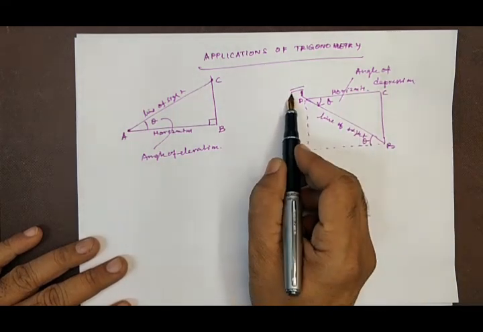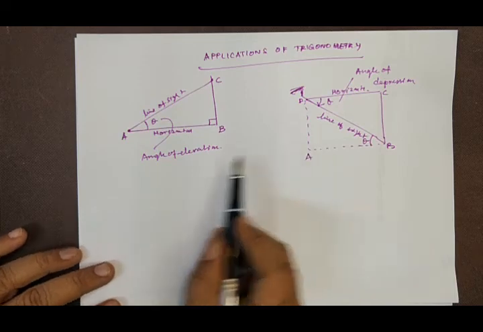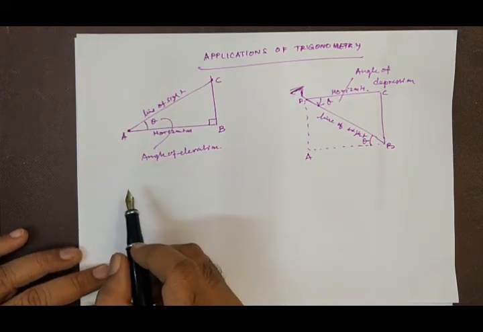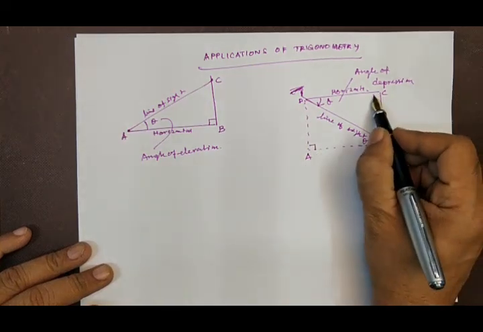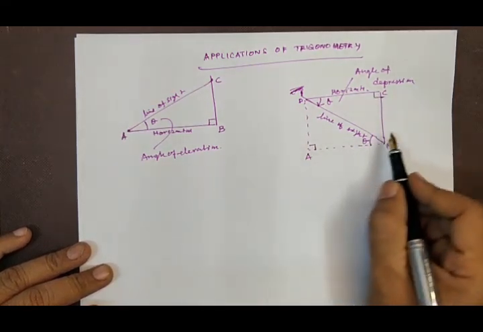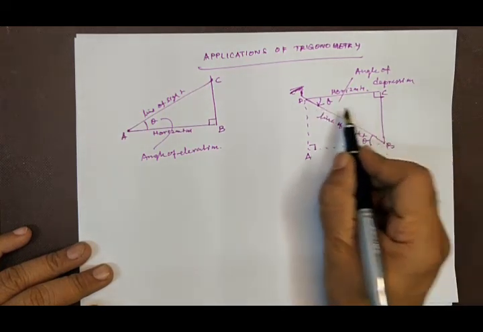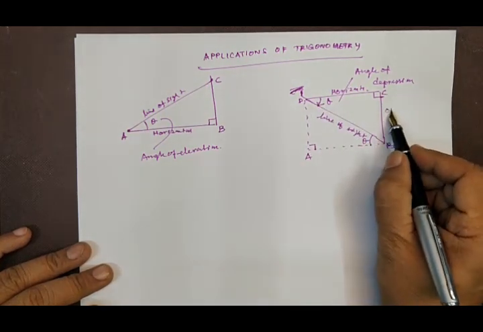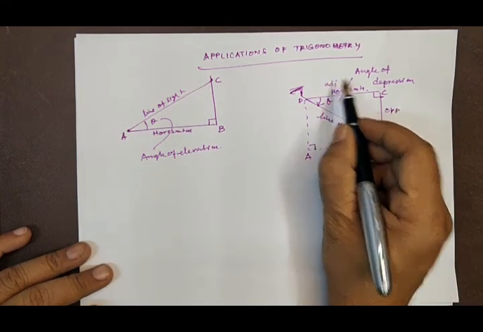We can convert this as though he is looking from the ground. Actually he is looking from the top to the bottom. So you have the right angle here. This is also a right angle. You know very well this is the opposite side, because this is theta, and this is adjacent, is it not?